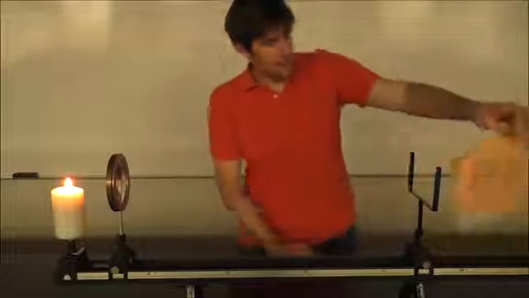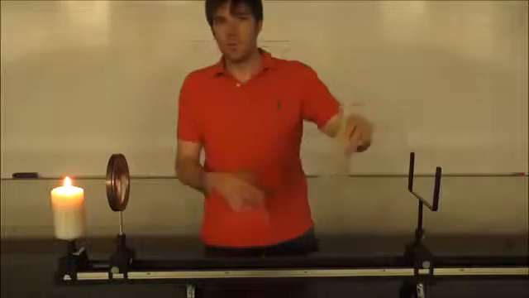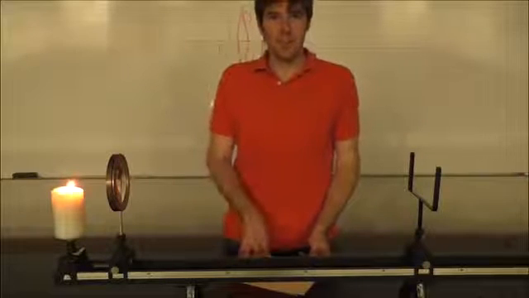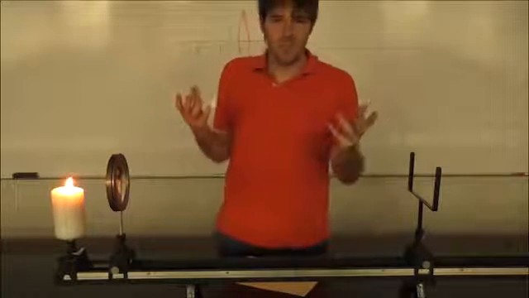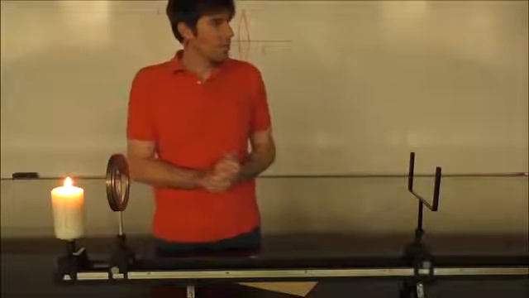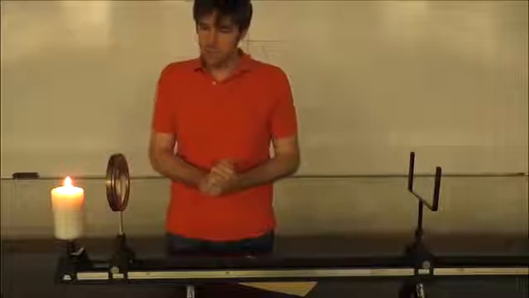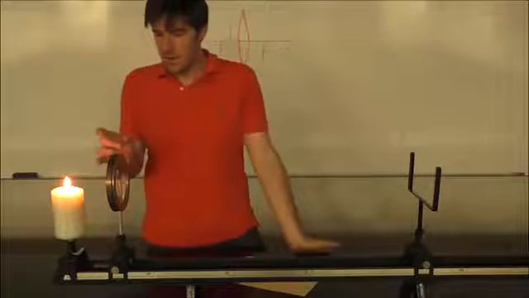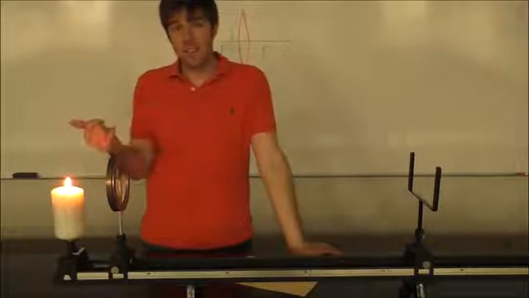In fact, I could take this out to infinity and you would never see a resulting image. So where is the image? Well, the image forms on the same side of the lens as the object.